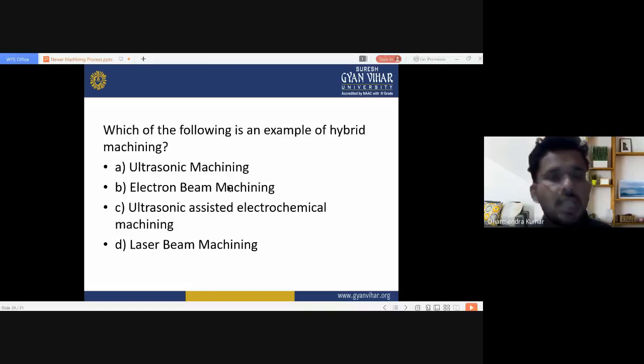Now another one: which of the following is an example of hybrid machining. Hybrid machining means the application of a machining process which is combined with two or more processes, either conventional or non-conventional.